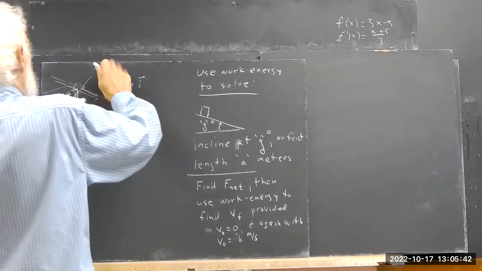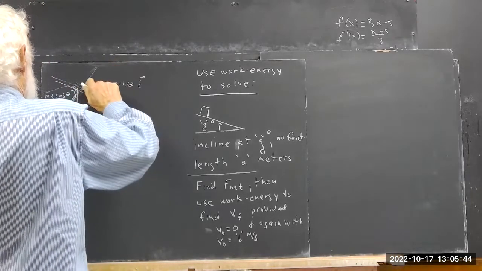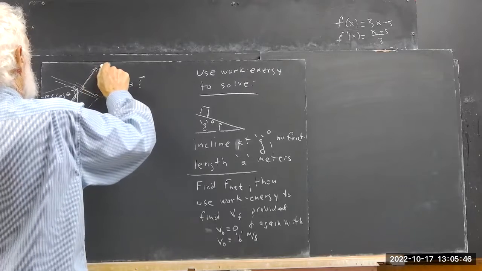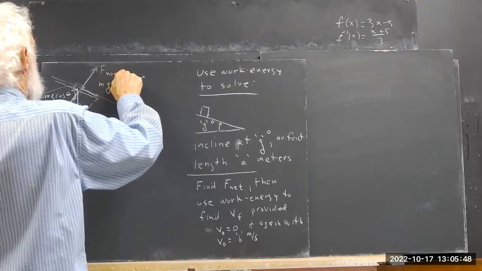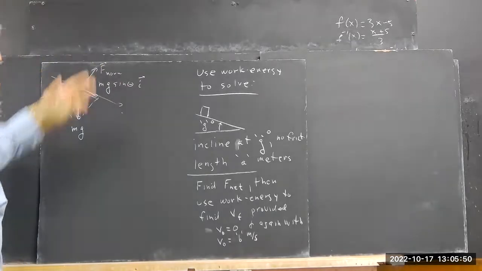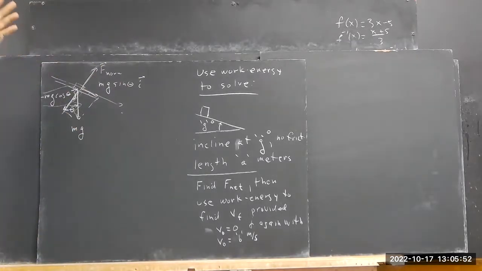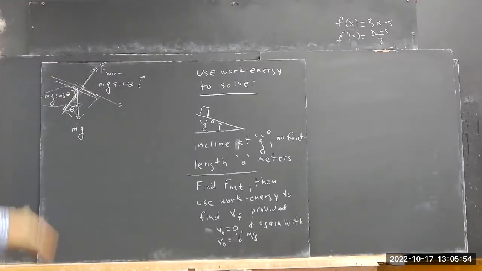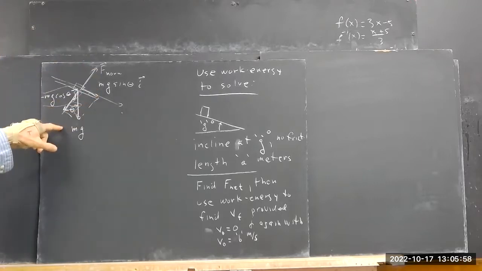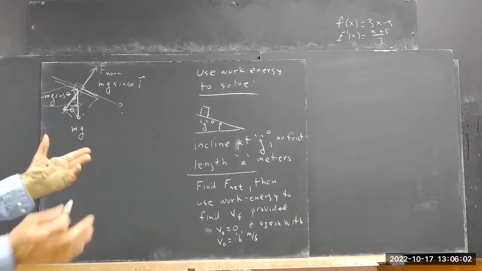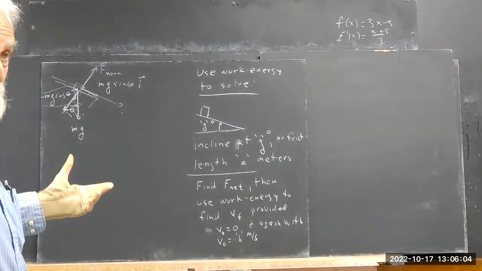And then of course, we have the normal force perpendicular to the incline. There's no friction, and there's no acceleration in the y direction. So this happens to equal this. But that's not important. These two just add up to 0.